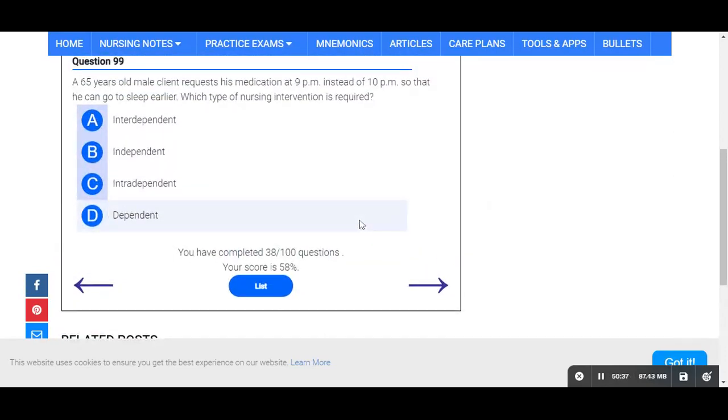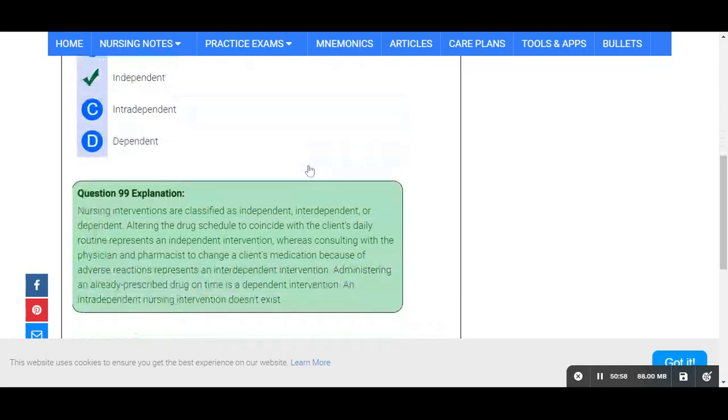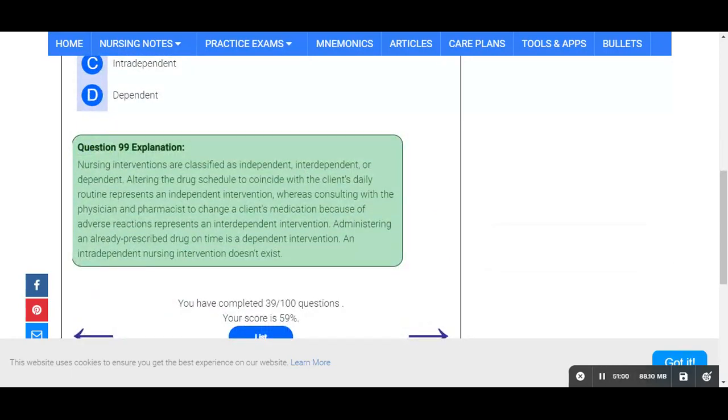Now, this is the second to the last question. Come on, we can do it. A 65-year-old male client requires his medication at 9 p.m. instead of 10 p.m. so that he can go to sleep earlier. Which type of nursing intervention is required? Independent? That's right, independent. Nursing interventions are classified as independent, interdependent, or dependent.